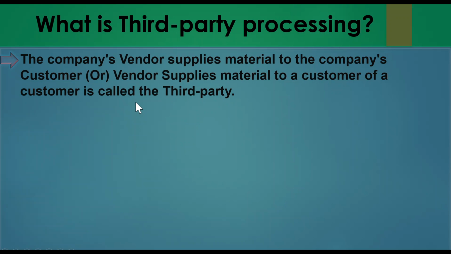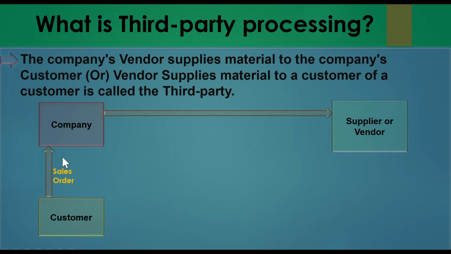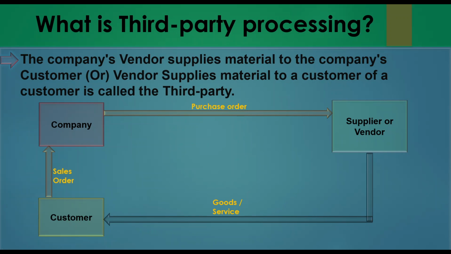Let's understand this process a bit with the diagram. Let's consider this customer, and he has requested some material from the company through a purchase order, but for this company it will be the sales order. Then this company will request his vendor or supplier through a purchase order for that material, and in the address field he will maintain the address of the customer, so this supplier or vendor will deliver that good or service directly to the customer.